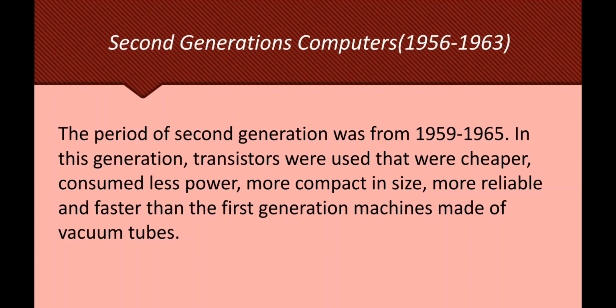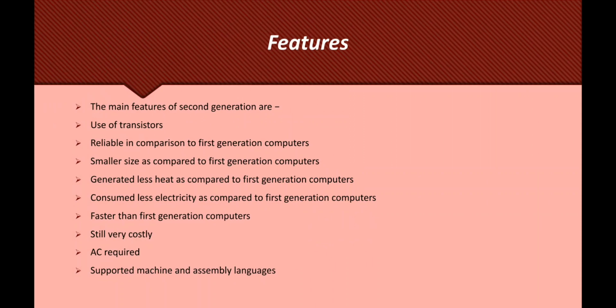There are some features of the second generation computer. They use transistors. They are more reliable in comparison to the first generation, because the first generation used vacuum tubes and the heat of the vacuum tube is very high. They were smaller in size, generated less heat, consumed less electricity, because the vacuum tube needed a large amount of electricity, and were faster than the first generation.